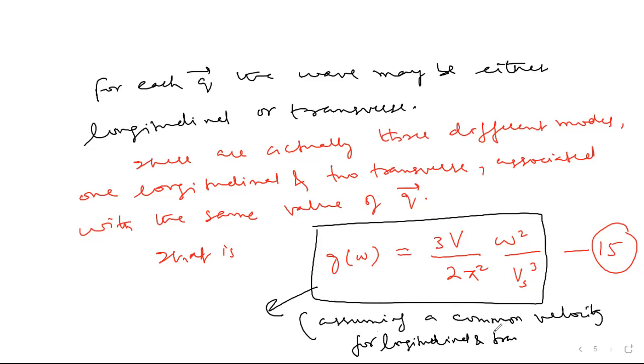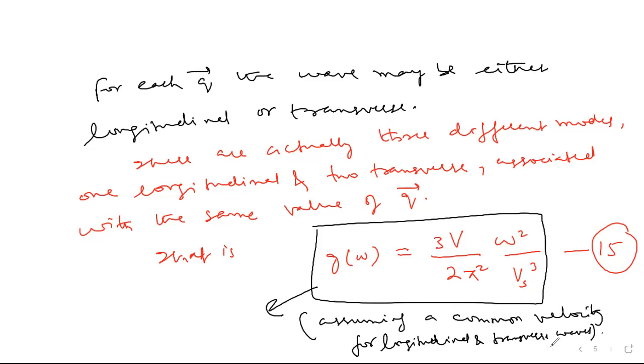We're assuming common velocity for them, which is not correct because dispersion relations for the longitudinal and transverse waves are different. They have different velocities. We're ignoring this difference in this expression and multiplying just by 3 to get the total density of states.